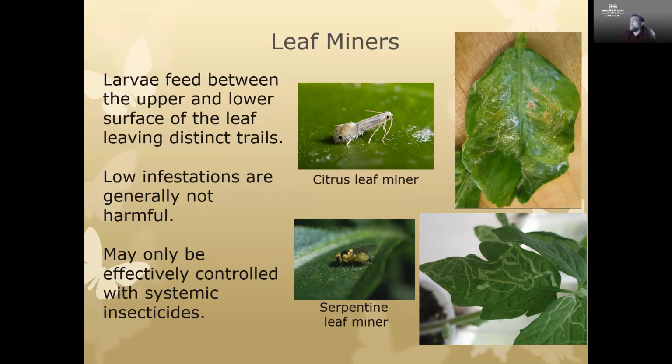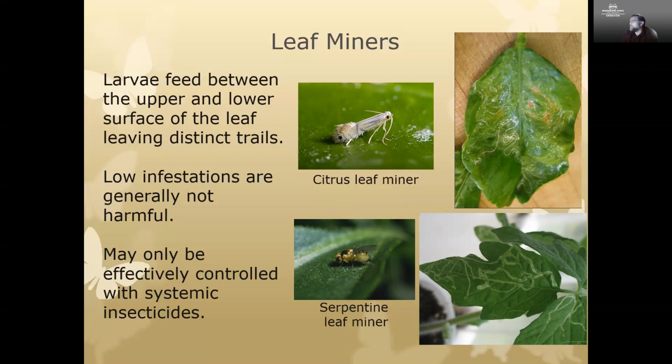Similarly, there are leaf miners that I very often see on tomato plants, and you can see that in the image below there, where very similarly you can see the pathway that that immature insect has moved on through that leaf. Now, at low population levels, leaf miners are not a severe problem.